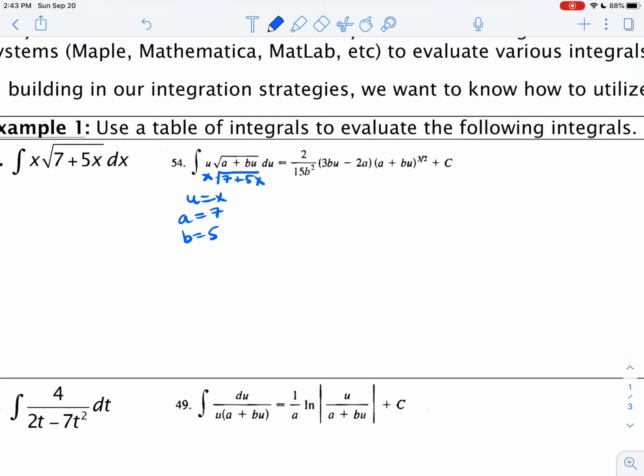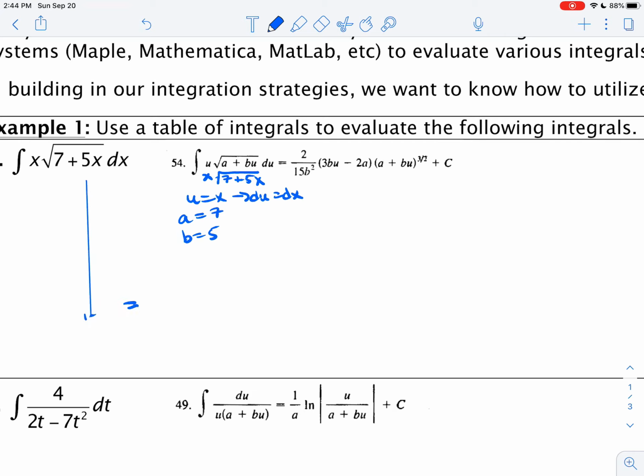Now I can apply the formula on the other side. Having u equal x, I see that du equals dx, so I can immediately make the substitutions.